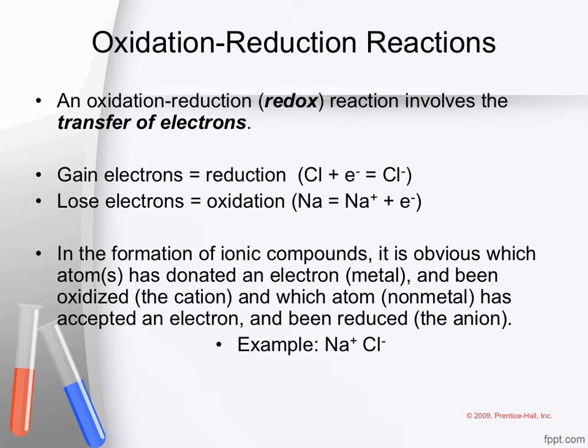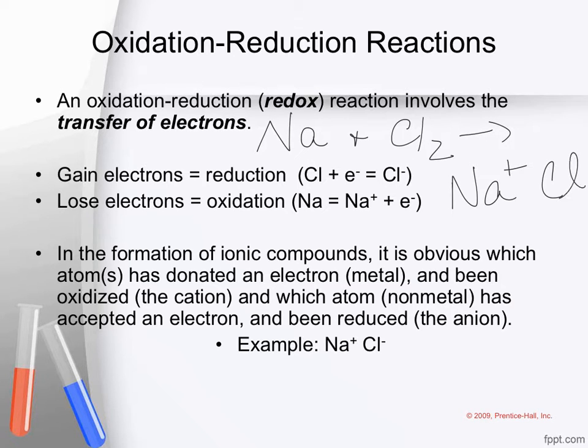So probably the most simple oxidation-reduction reaction would be the formation of an ionic compound or salt, for example. If we start with neutral sodium and neutral chlorine, and under the right conditions combine them, they produce sodium chloride. Sodium chloride, of course, is an ionic compound made up of a cation and an anion, so it's pretty easy to look at this reaction and see that the sodium metal has given up an electron to become a cation.